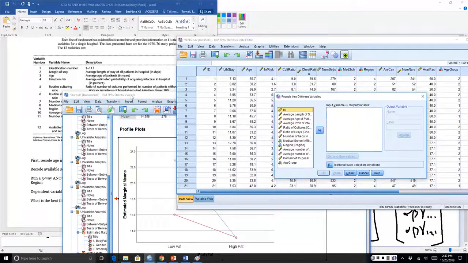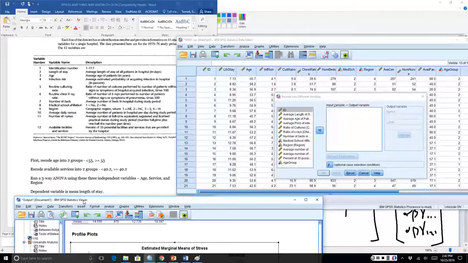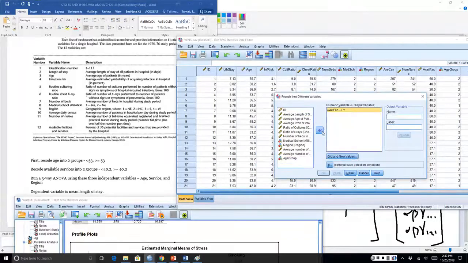Which one is it? Available services. Which one is that? Percent of 35 potential. Okay, available services. Here we go. Percent available. All right. So serve group.